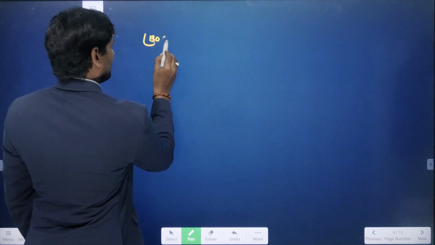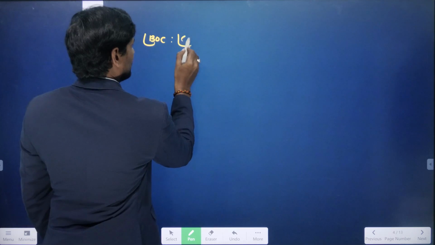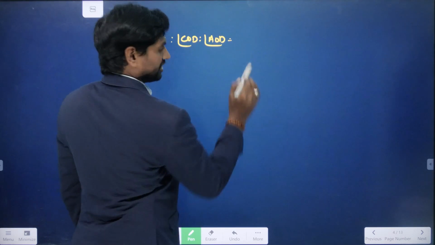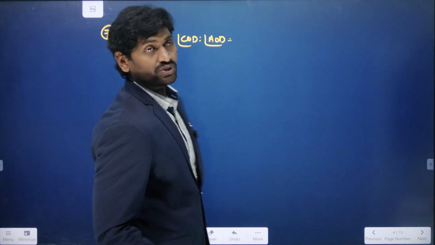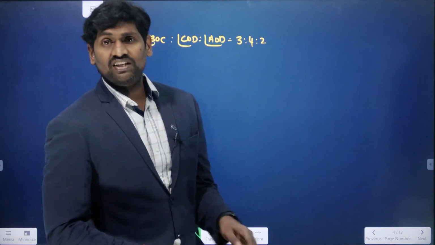Three angles are given in the ratio 3 is to 4 is to 2. And OP, OQ, OR are bisectors of angles BOC, COD and AOD. Then find POR. Now we are going to take AOB.